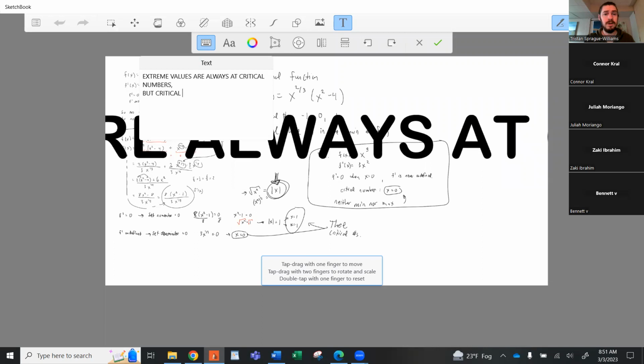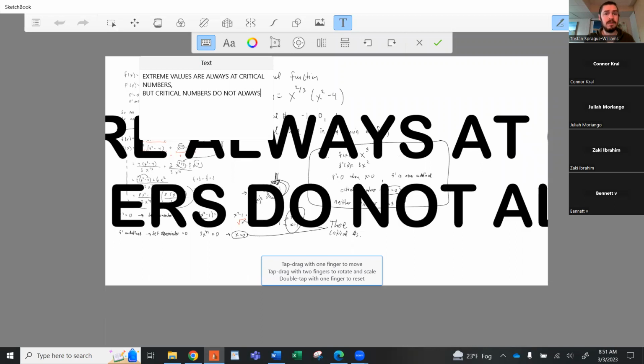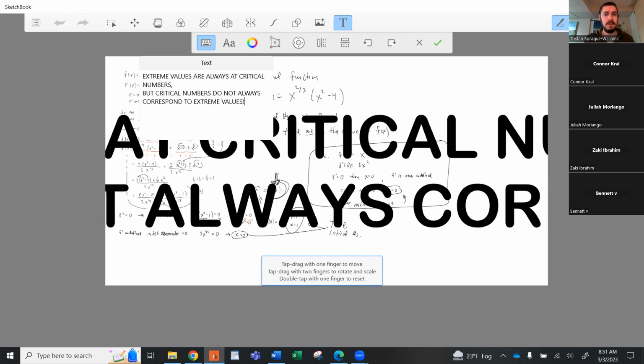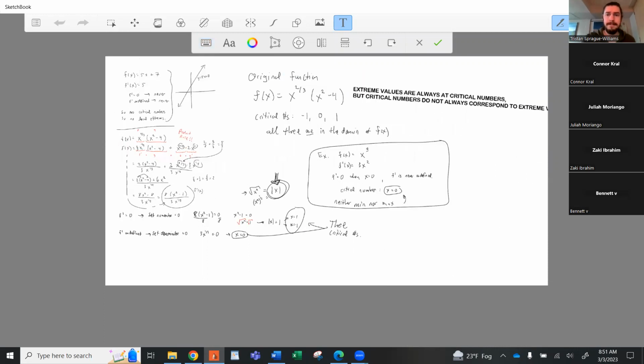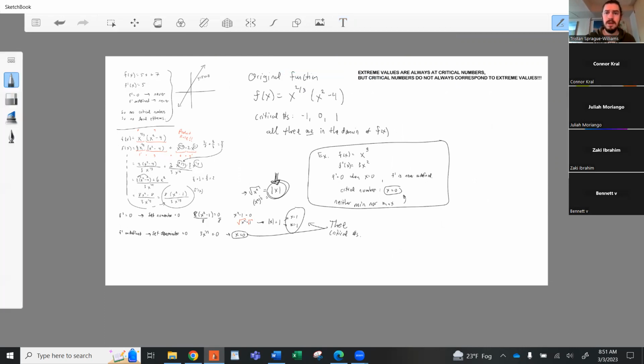But critical numbers do not always correspond to extreme values. It's like it goes one way, but not the other.